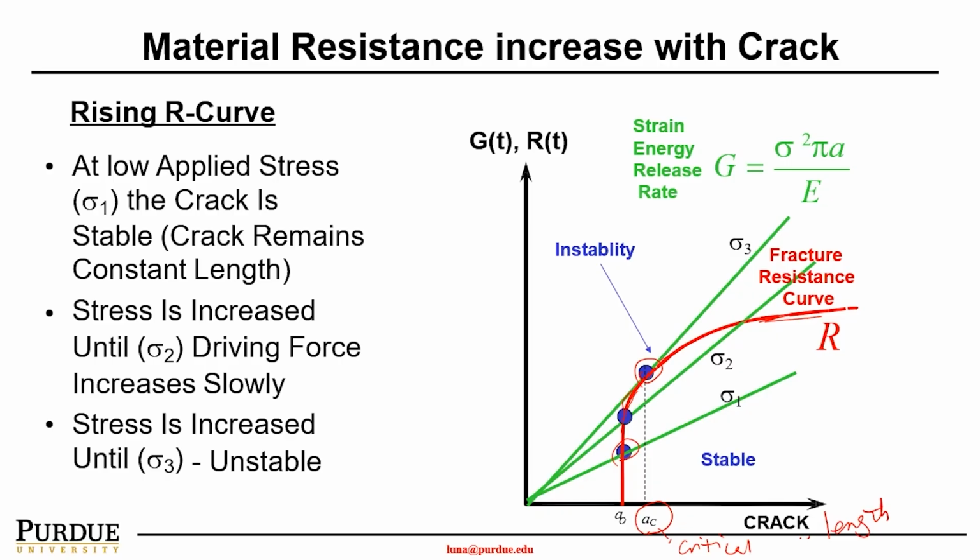So the entire fracture mechanics is to identify when the crack becomes unstable, when the crack reaches the AC, or at what stress level this crack A0 will start to grow, and at what stress level this growth will become unstable.